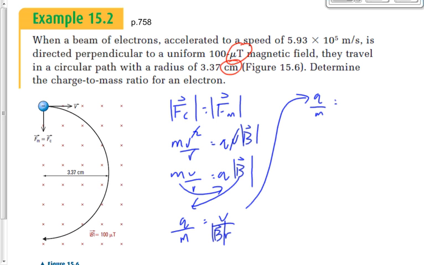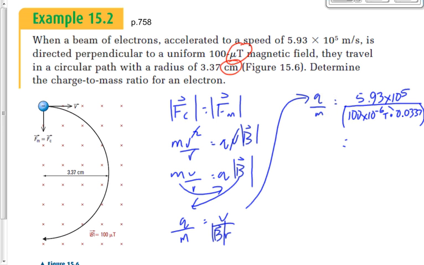The speed is 5.93 times 10 to the 5, divided by b, which is 100 times 10 to the minus 6 Tesla, times 0.0337 meters.